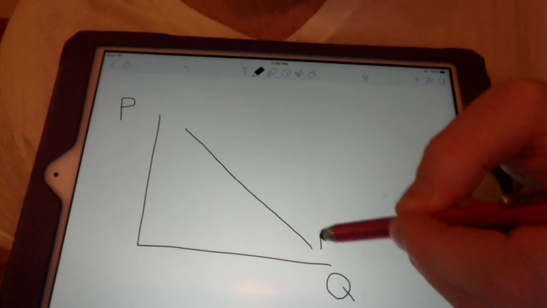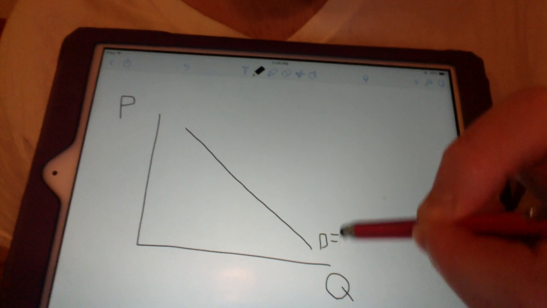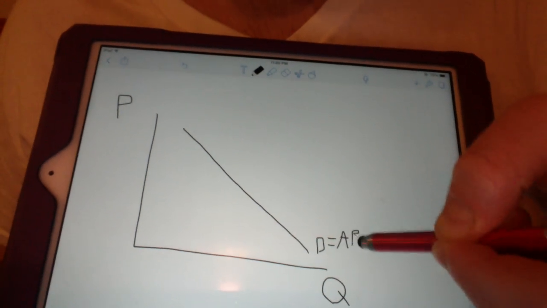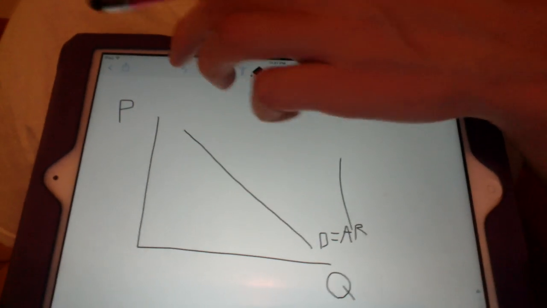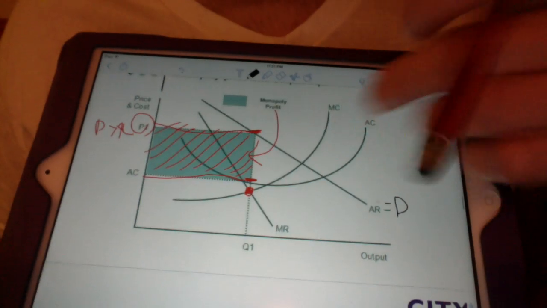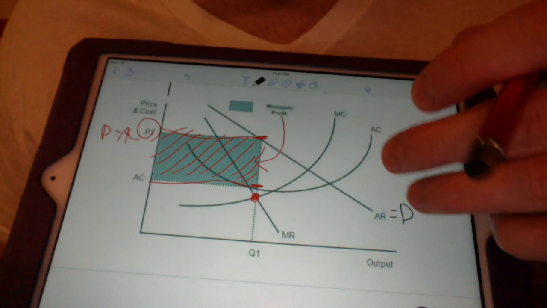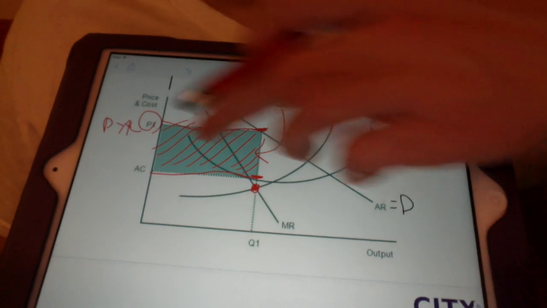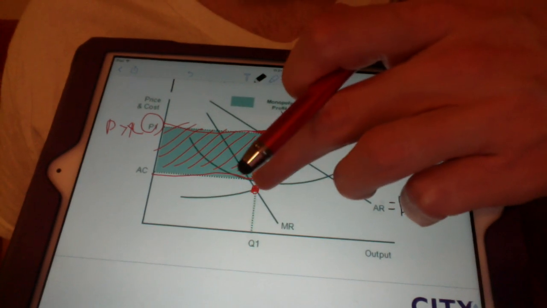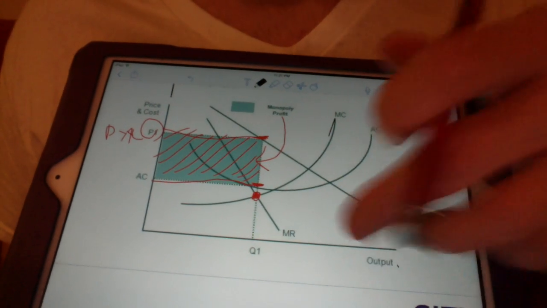We've got our demand equals average revenue. All right, what else do we have? Let's go back up. We've got our marginal cost curve, which here we could have decreasing marginal cost, or just increasing marginal costs all the way. That could be different.